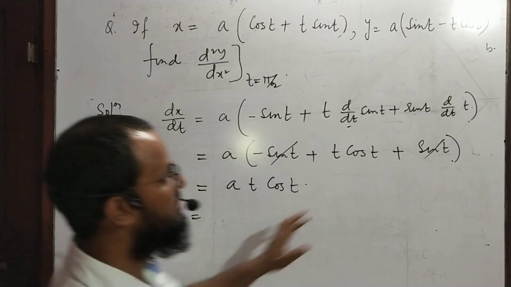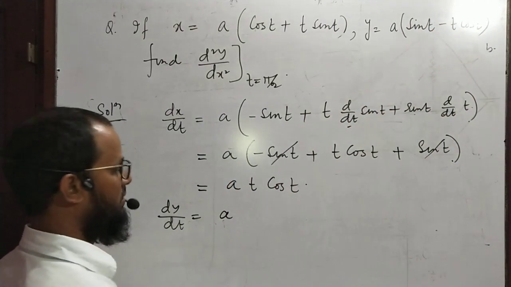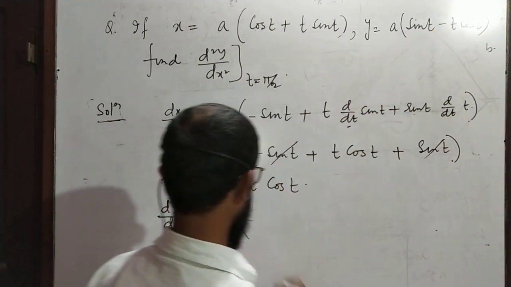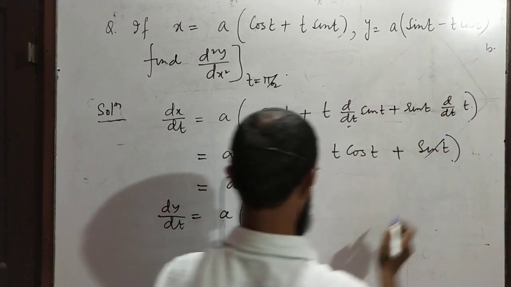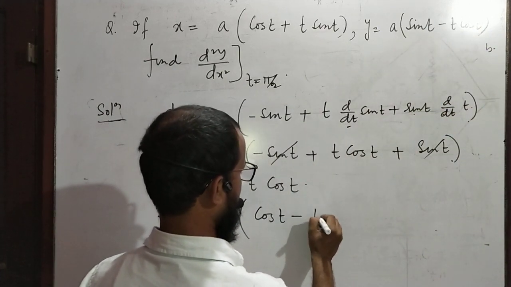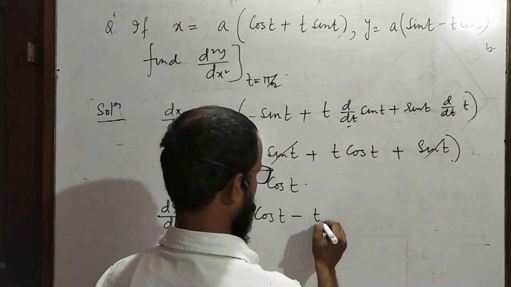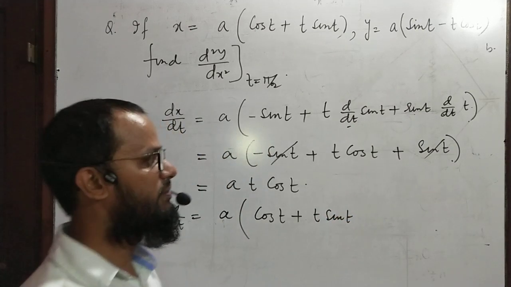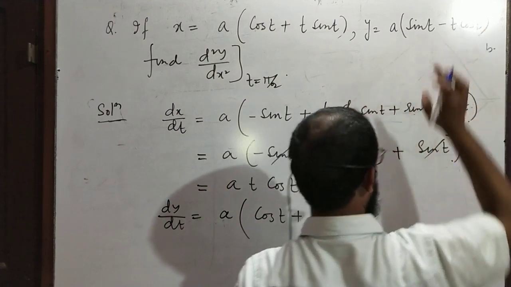So dy by dt, this is the particular term dy by dt. A is what? Constant. Derivative of sin t is what? Cos t. And d/dt of this, तो उसको थोड़ा सा t, d/dt of cos t is what? Minus sin t. Minus से क्या होगा? Plus होगा. I'm doing it a little bit faster here. t into d/dt of cos t is equal to what?